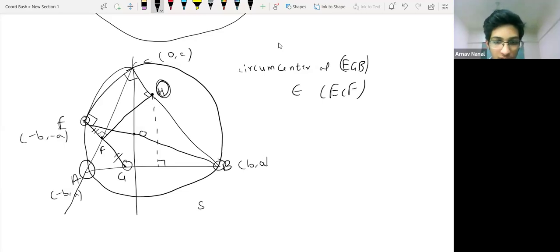Then the slope of CB is equal to, wait, why am I getting slope? Okay, I'll require it.